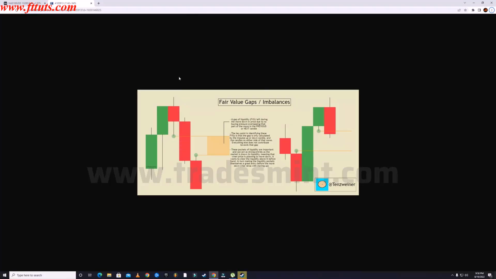If we are looking at a short position, we look from the first candle, at the low of the first candle, which is this, and then we look at the high of the third candle. If there is a gap between the low of the first candle and the high of the third candle, then that area could be considered as fair value gap or imbalance.